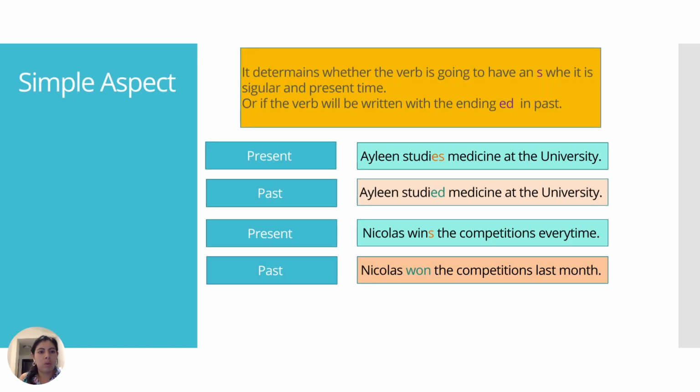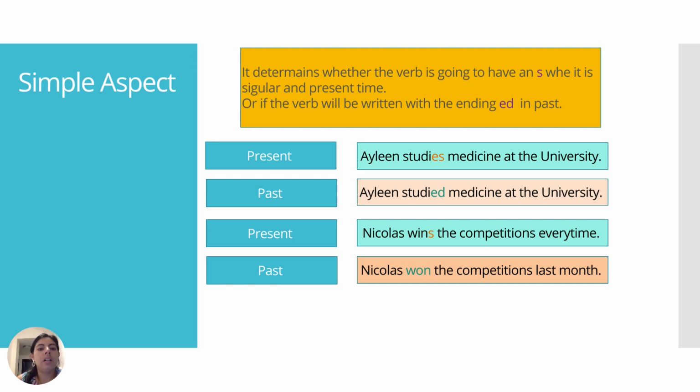To explain more about this situation, let's talk about the simple aspect. The simple aspects are the ones that determine whether the verb is going to have an S. When we are talking about he, she, or it, we usually add the letter S to the verb.